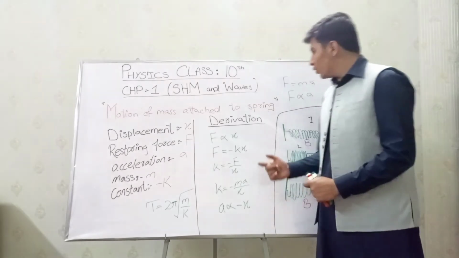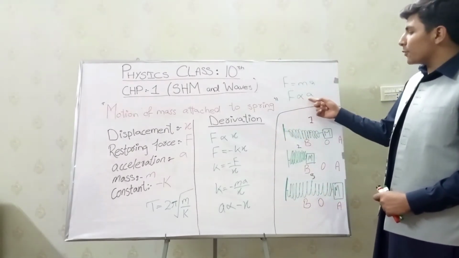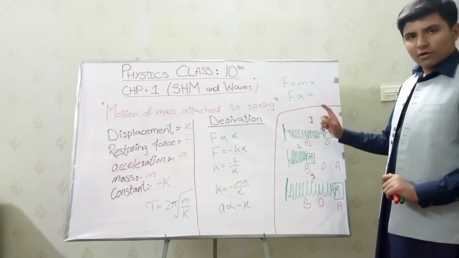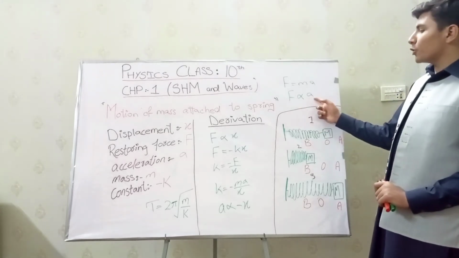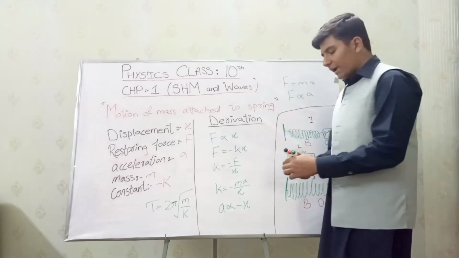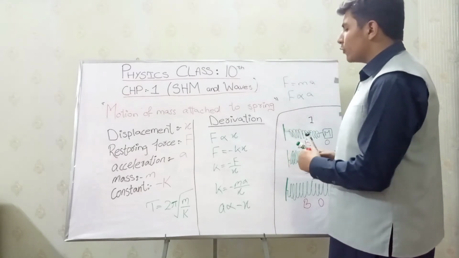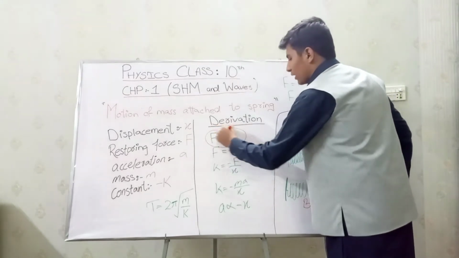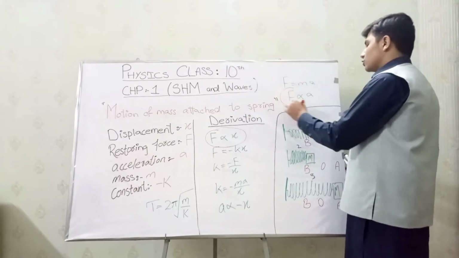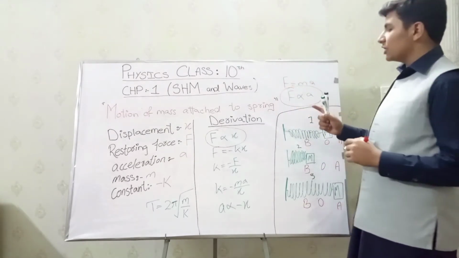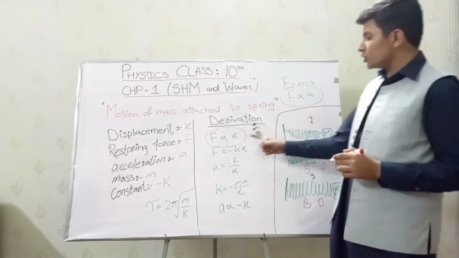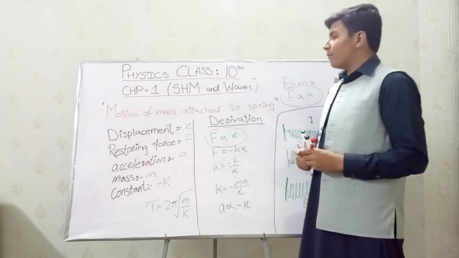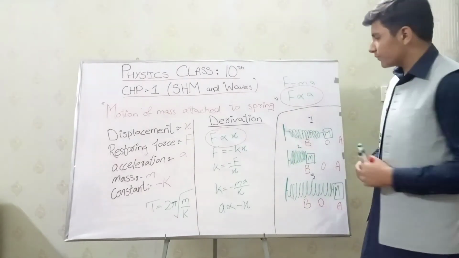I also told you that force is directly proportional to acceleration, right? Here we said that force is directly proportional to the displacement, and here that force is also directly proportional to the acceleration. It's according to Newton's second law of motion, and according to the motion of mass attached to the spring.